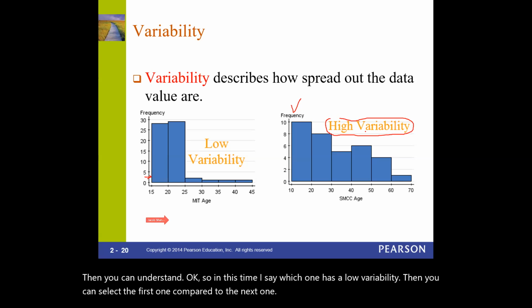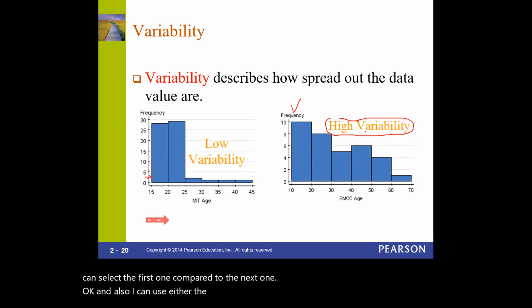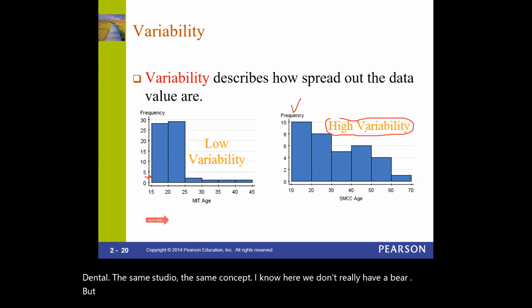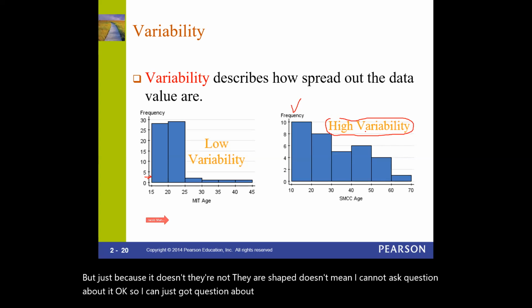Okay, and I can also use the bell-shaped idea to do the same concept. I know here we don't really have a bell shape, but just because they're not bell shaped doesn't mean I can't ask a question about it. So I can just ask a question about variability, stuff like that.